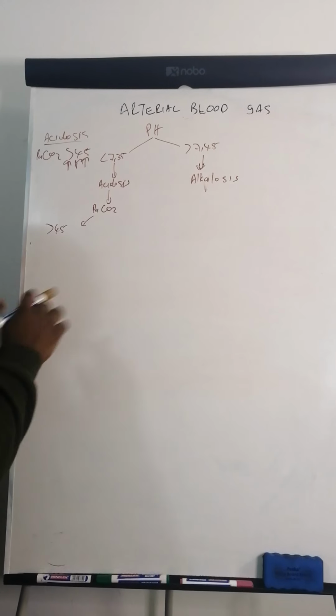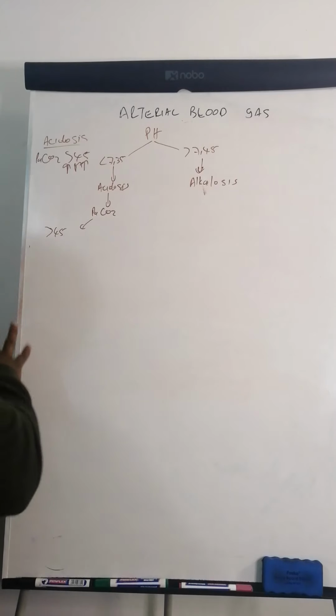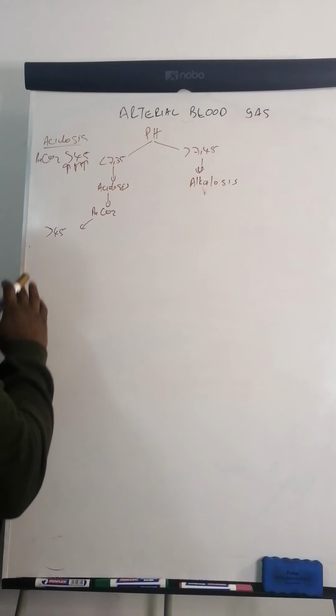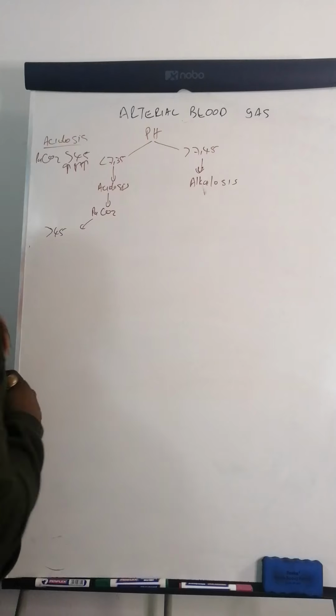Right now I'm doing simple acid-base balances. I know there are complicated ones where there's compensation, no compensation, partial compensation, or full compensation. All those things we're going to talk about maybe in part 3, part 4.